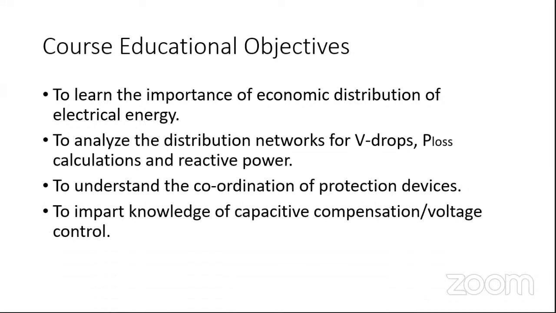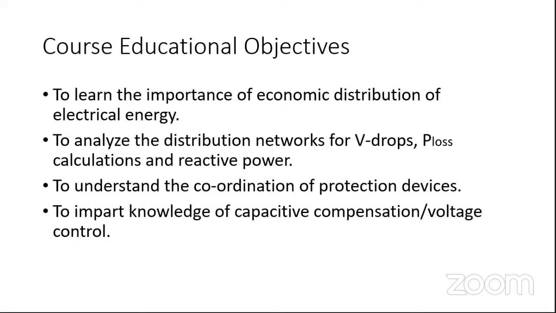Then capacitive compensation and voltage control. These two are the very important problems, very important aspects when the quality of power is concerned. Capacitive compensation. Most of the loads, industrial, domestic, agricultural, etc., are inductive loads. You know that inductive loads makes the power factor to be very poor. And it will be economical for the system if we can ensure the power factor to be unity.